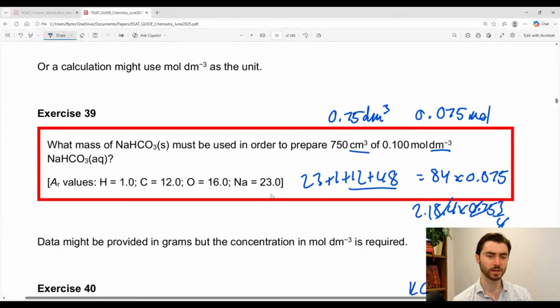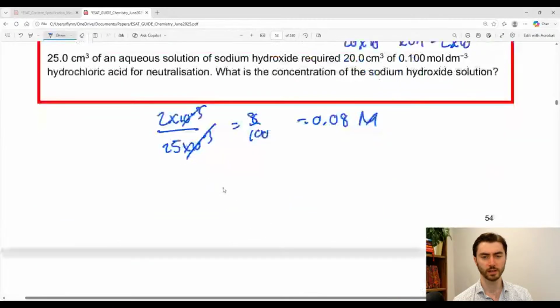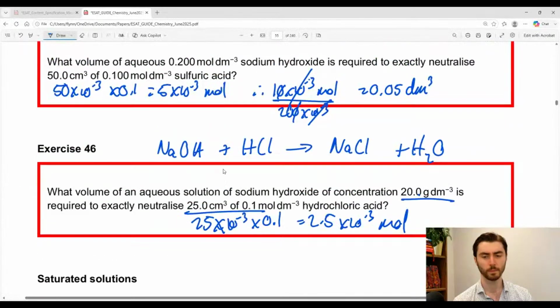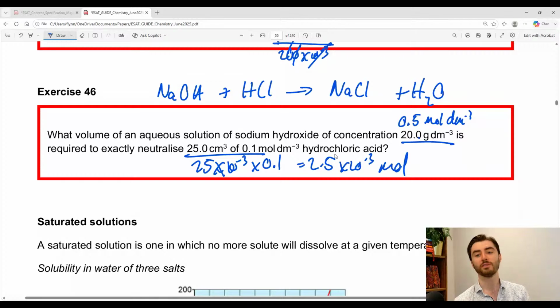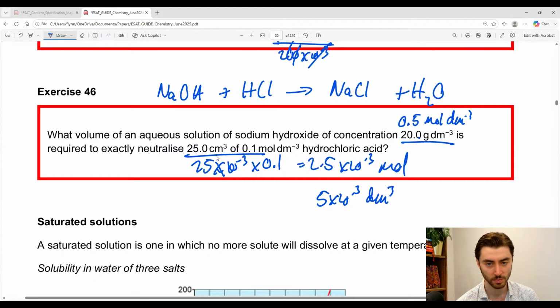So sodium hydroxide, 24 is 40. So 20 grams is 0.5 moles per decimeter cubed. And we have the number of moles, so then we divide by the volume, which is 0.5. So it's 5 times 10 to the minus 3 decimeters cubed, or in other words, 5 centimeters cubed.